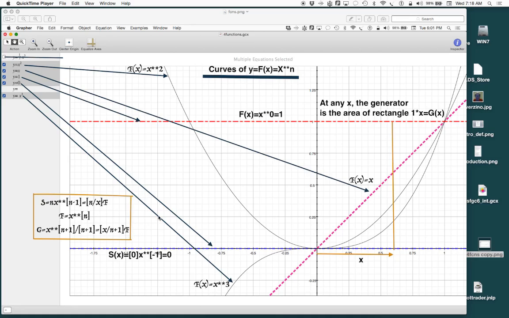So let's take an example to show how this works. We say f equals x to the 1th, x to the 0th, I mean. So 1 is the f of x. Now the way we do it with the slope is you bring the exponent down, which is 0, and then you decrease this by 1, so it's 0 over x, which is 0.